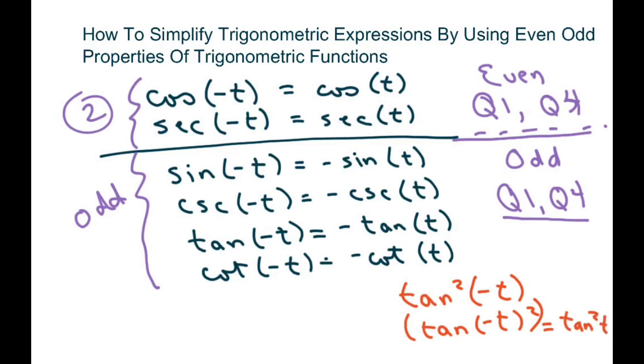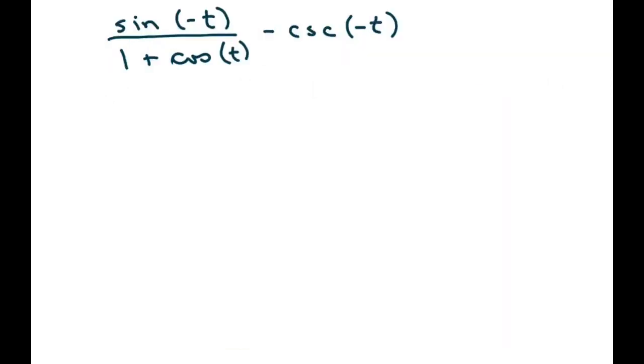You're squaring out the negatives. 2 negatives make a positive. Normally when they write sine squared of theta, that's the same as writing sine theta squared. So you can square that out. So just notice that, because that might come up.